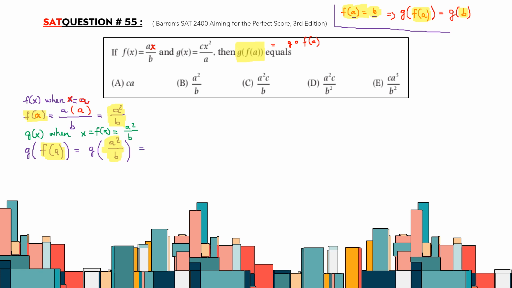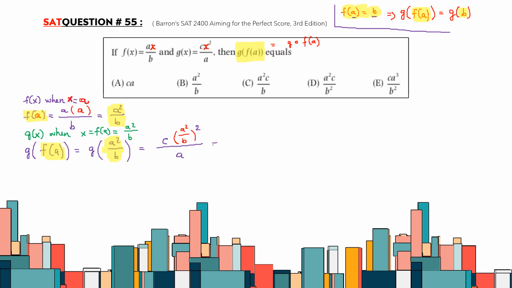So this will equal c over a, times x squared. When we see x, we make the open parenthesis, then square. Now x is equal to a squared over b. Here is your x. The square is still outside, so you have to distribute the square inside the parenthesis.